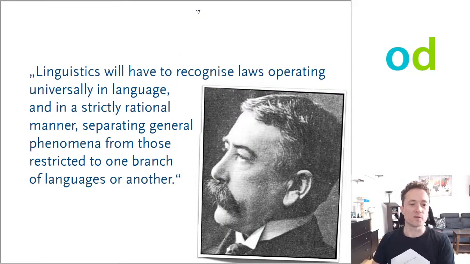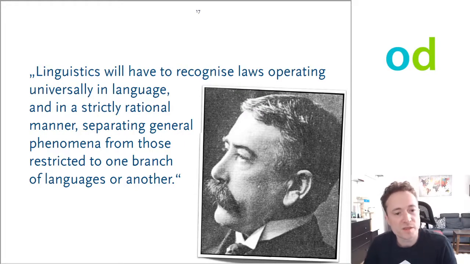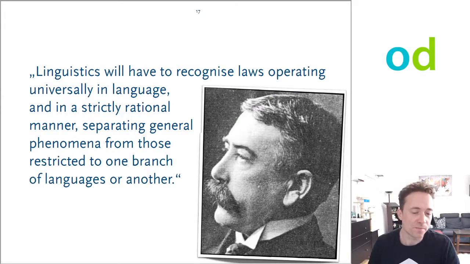Again, Saussure, he is describing all this, how to look at languages and structures of sign systems in general. And he says, linguistics will have to recognize laws operating universally in language and in a strictly rational manner, separating general phenomena from those restricted to one branch of languages or another.